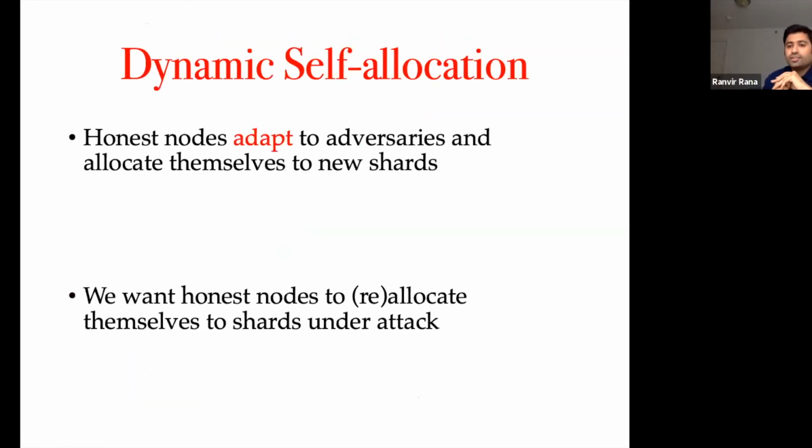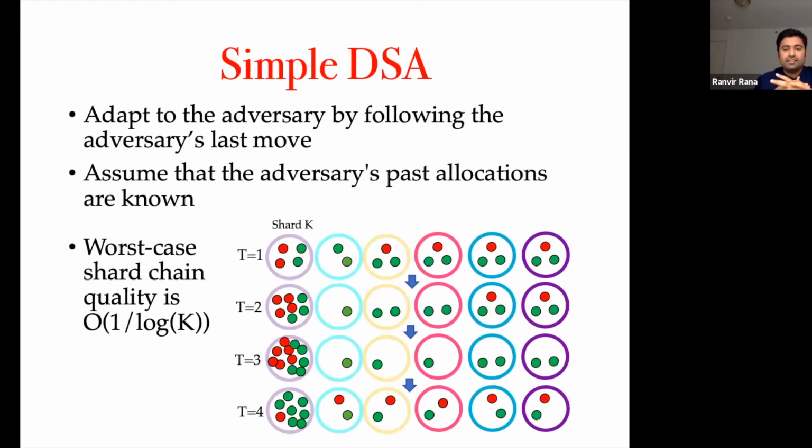Okay, so in order to solve this, we would require honest nodes to adapt to adversaries and allocate themselves to new shards based on some observation that they get from the main chain. Right? Ideally, we want honest nodes to allocate themselves to shards which are under attack. In simple words, there's a simple way to do this.